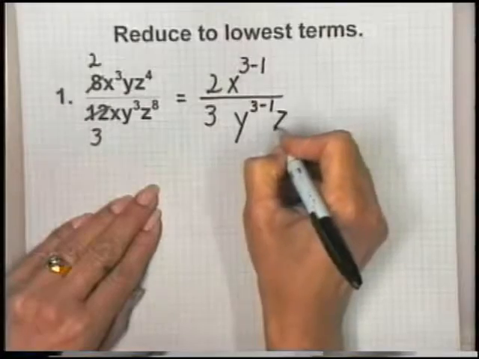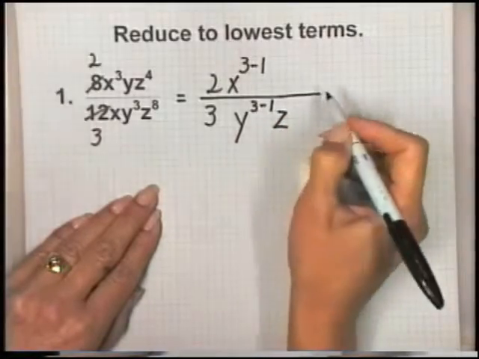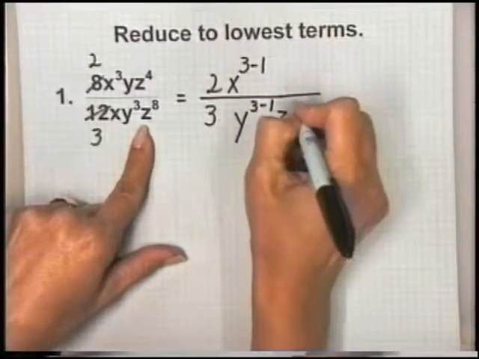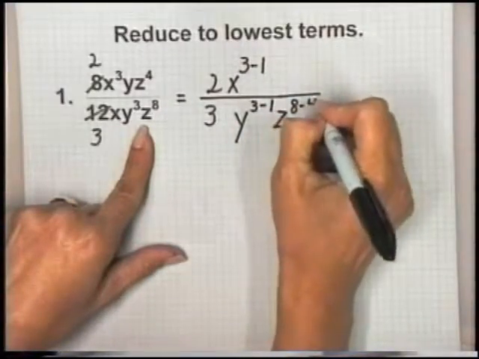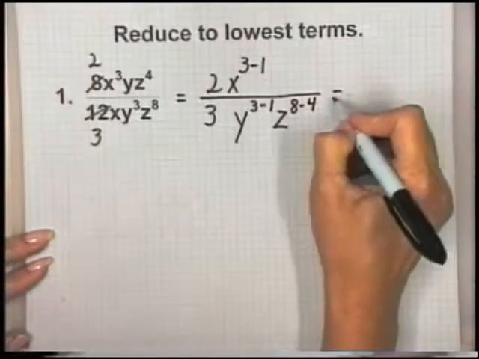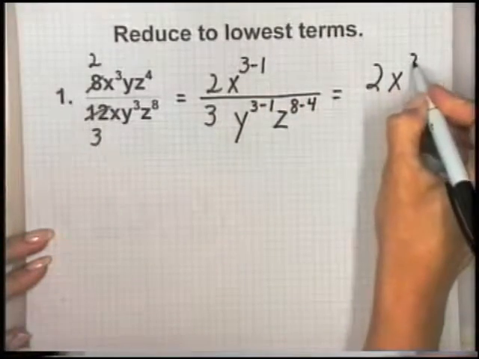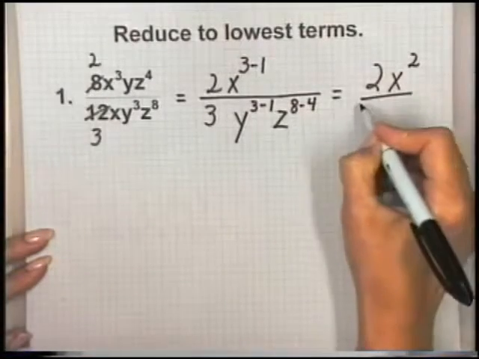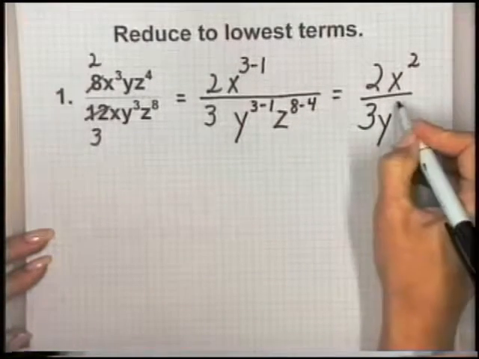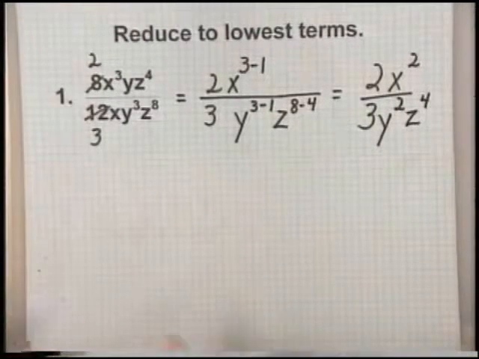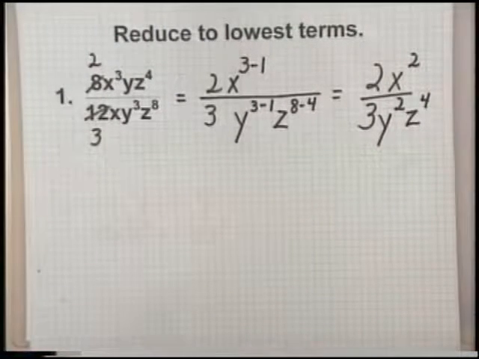For my z's, I have more factors of z in the denominator, so my z stays in my denominator. Using my exponent laws, my power will be 8 subtract 4. So I'll have 2x to the 3 subtract 1, which would be second power, over 3 y to the second power z to the fourth power. And that is reduced to lowest terms.